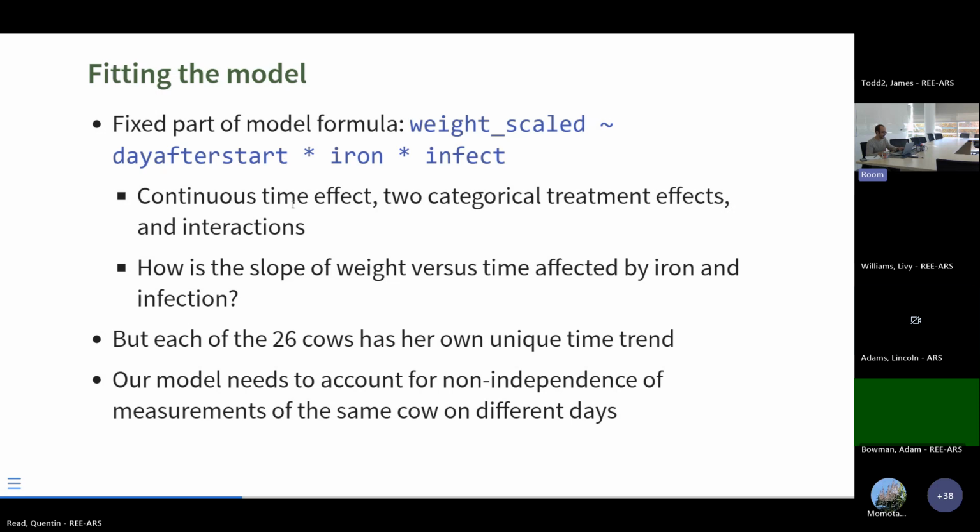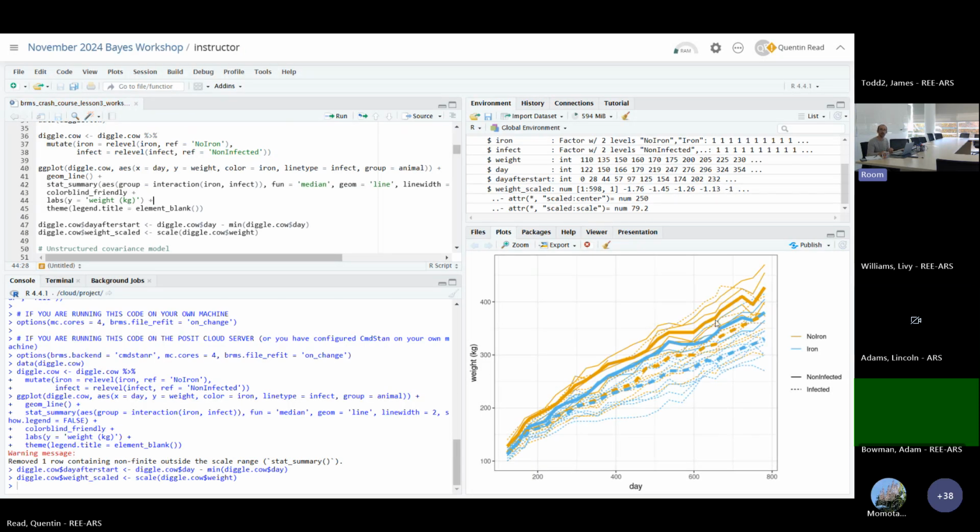If you go back to the graph, if you didn't have an interaction, the model could not detect if the slopes of these lines are different. It would say, okay, we have time as an effect, so there's a slope, and treatment might move those lines up or down, but if you don't involve an interaction in the model, you couldn't test whether the slopes are different. So we have to have that interaction to test that.